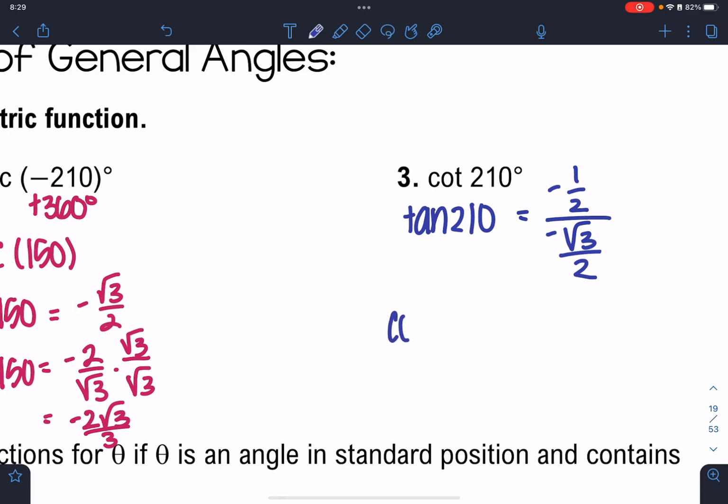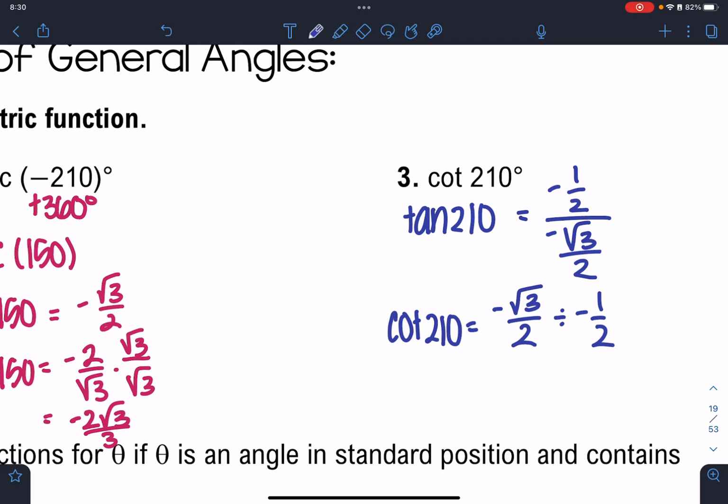Then my cotangent of 210 is going to be the flipped version. And so that's really going to be negative root 3 over 2 divided by negative 1/2, okay? Because I am going to end up solving this one. So you may not even need to write that tangent down if you know, okay, cotangent is just, I'm putting the x first now. So x divided by y.